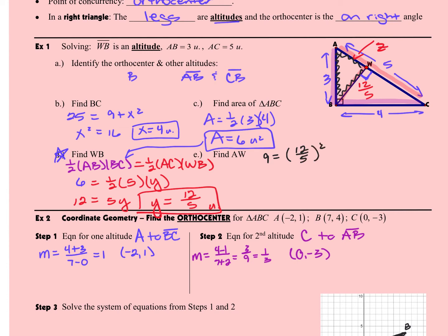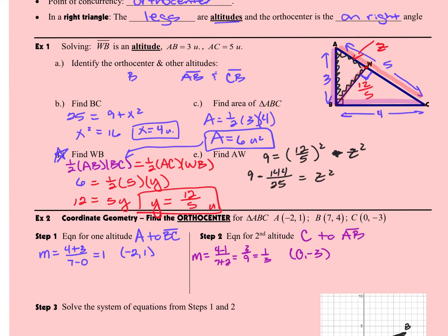I'm going to square that, and add that to Z squared. Now, I have to remember to square the top and the bottom. So if I'm solving for Z squared, I'm going to square this, and I'm going to subtract it. So this is going to become 9 minus 144 over 25 equals Z squared.